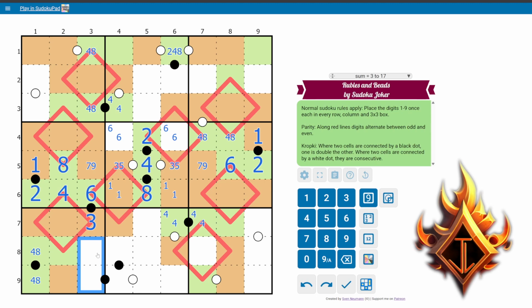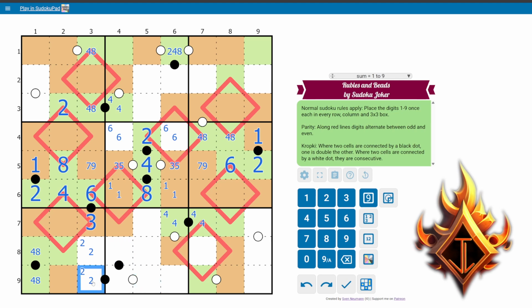Oh, there's a 2. It cannot be 6, 4, or 8. There is a 2 down here, so that one is 2. If this is 2, though, that could be 1. That could be 2. That would be.